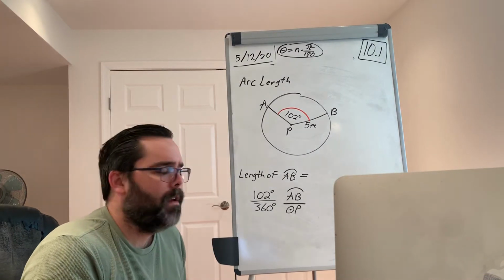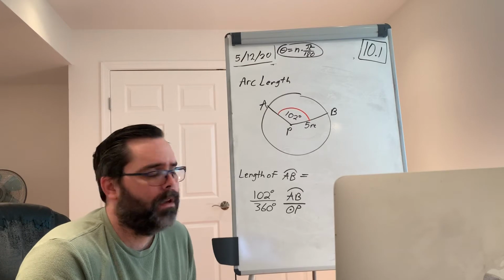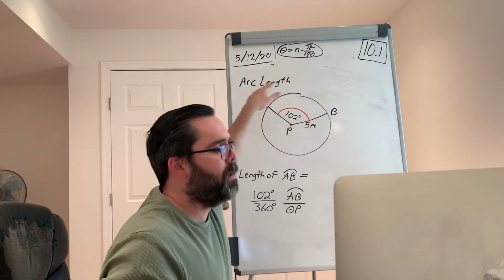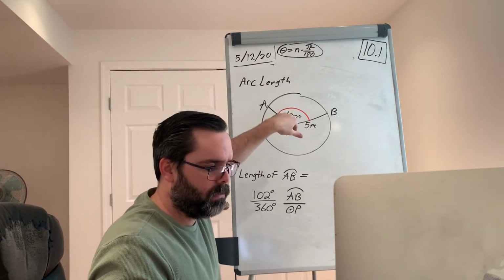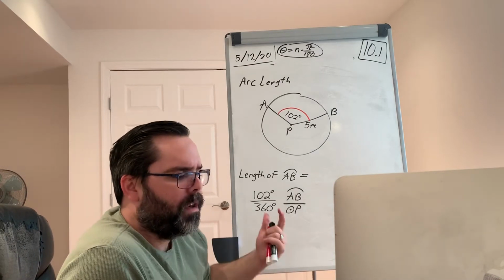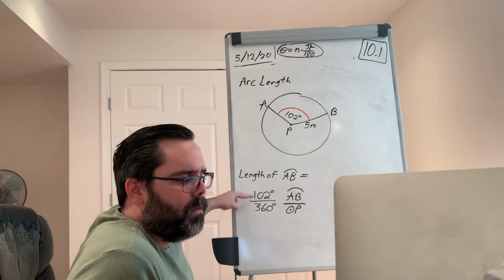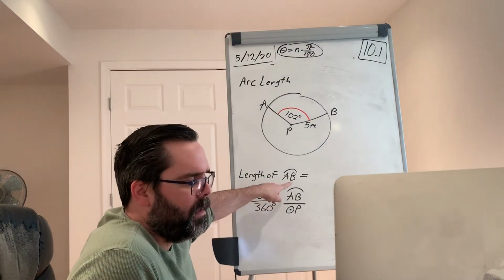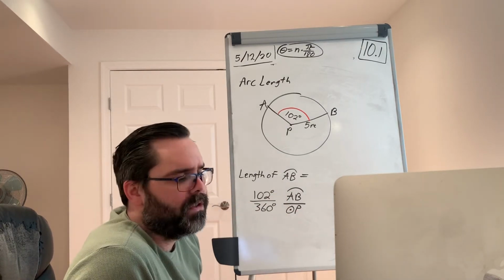So the circumference of circle P. So this is a part of the whole circumference, where this angle is part of the whole circle. So that's basically how we're going to do it. We're going to set it up as a proportion. We're going to set it up as the central angle to the total degrees, and we're going to set that equal to the arc we're looking for to the total circumference. And we're going to solve.